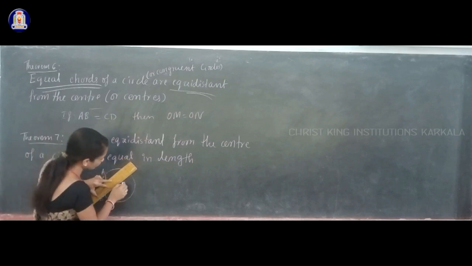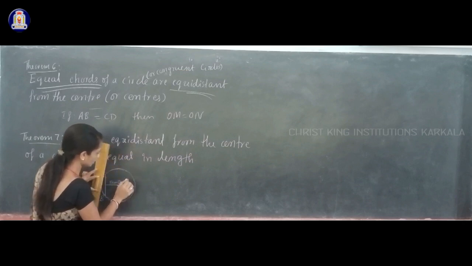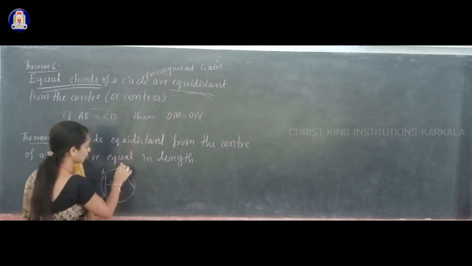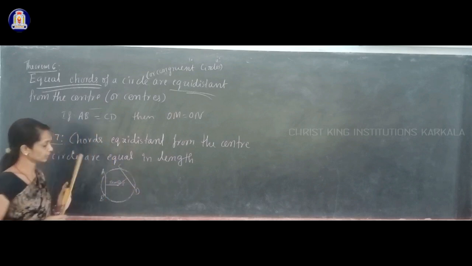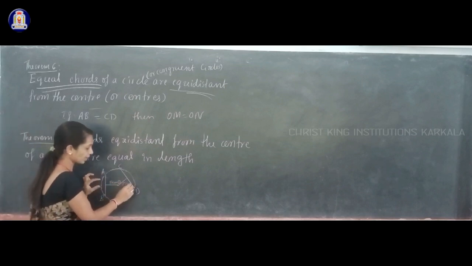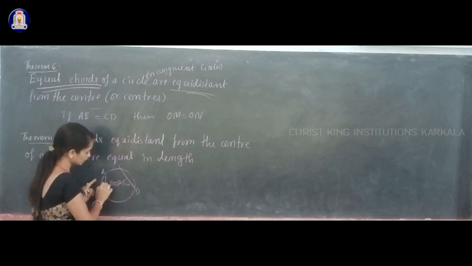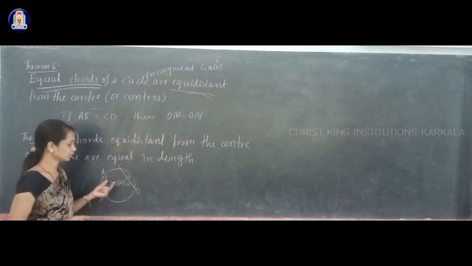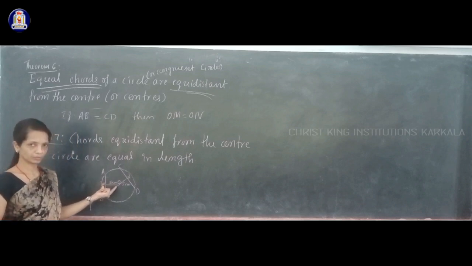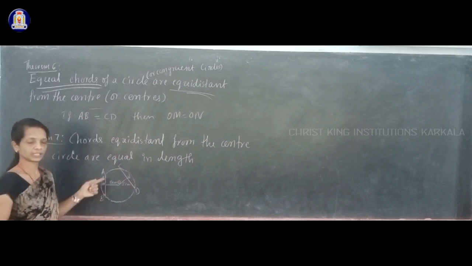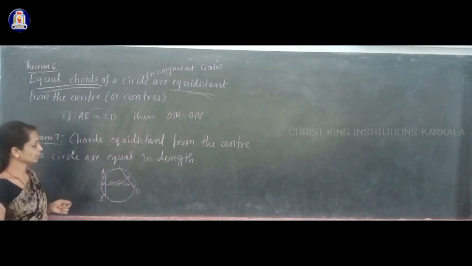I will take one more chord at the same distance, 5 centimeters from the center, and call it CD. So we have taken two chords AB and CD that are equidistant from the center of the circle, both at 5 centimeters. Then what can we say about AB and CD? They are equal in length.